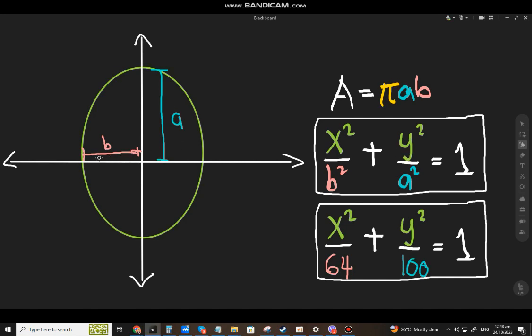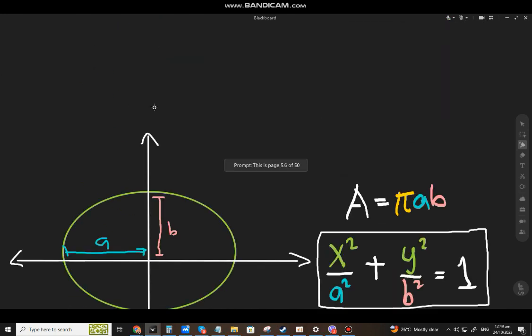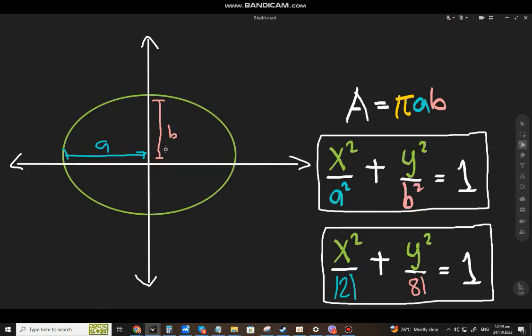And b is the shorter side, so you put it under the x. As you can see in the next example, the a is on the x-axis, so I will put it below x squared. But the b is on the y-axis and it will be placed below y squared.